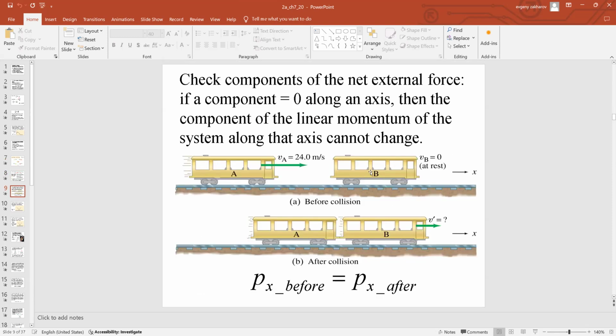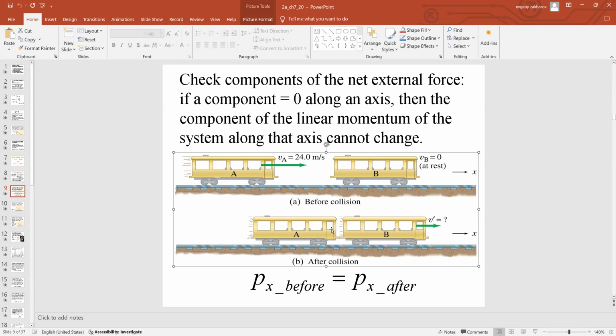So here's a little example. We got two railroad carts. Cart B is at rest. Cart A moves towards cart B at a certain speed.